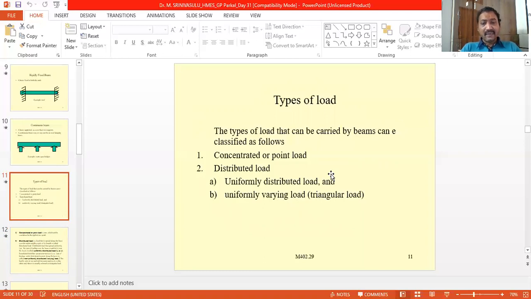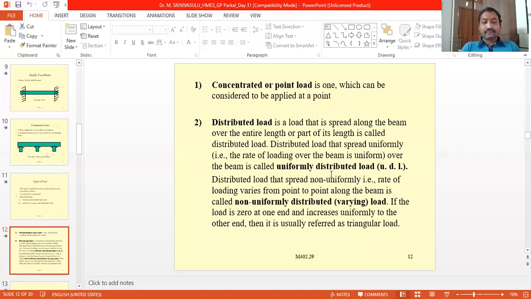The first one is the concentrated load or point load. The second one is the distributed load. In the distributed load we have again two types. One is the uniformly distributed load, UDL. Next is the uniformly varying load, that is the triangle load. We will discuss these one by one in detail.